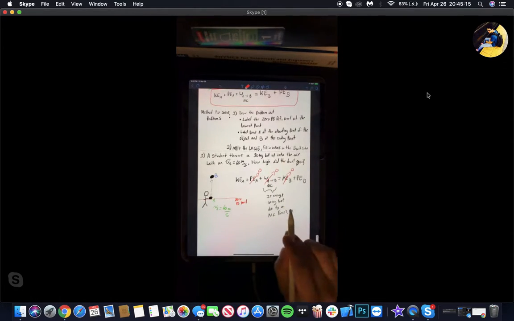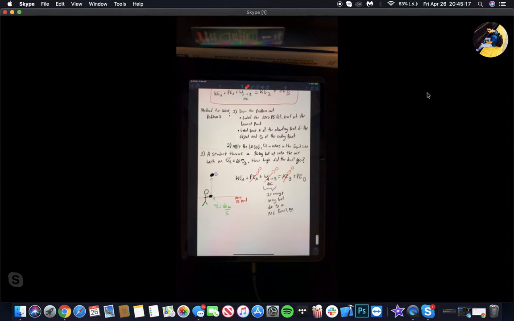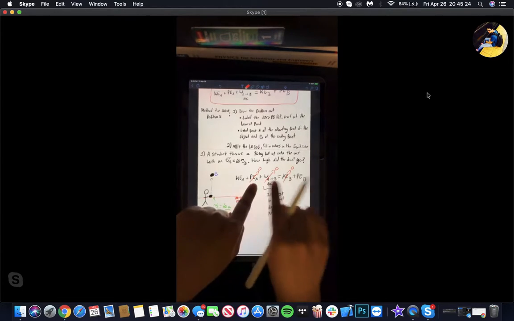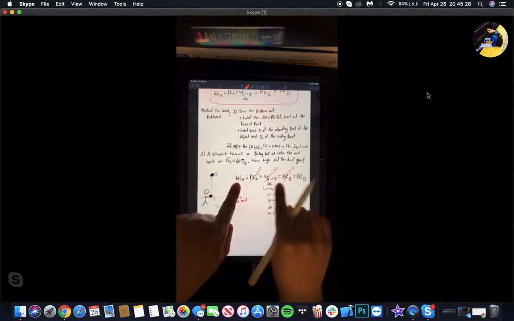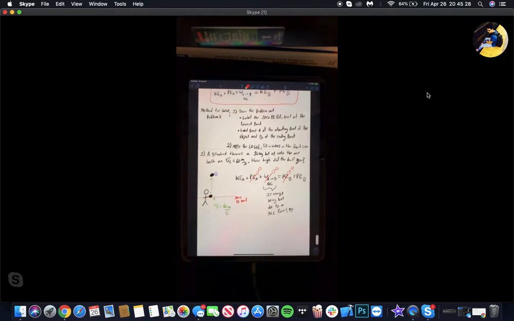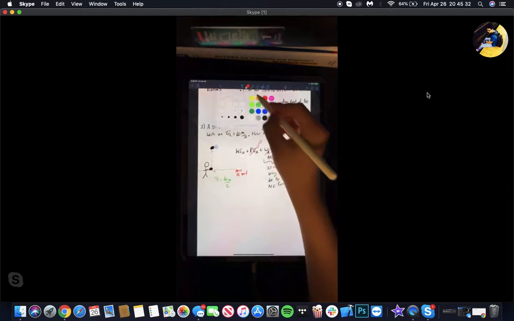PE at B equals mgh, but remember, it's not just any mgh, it's the h final. So A would be the initial and B is the final. They're equal to each other in this case.